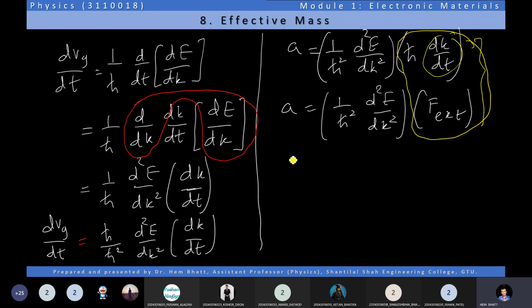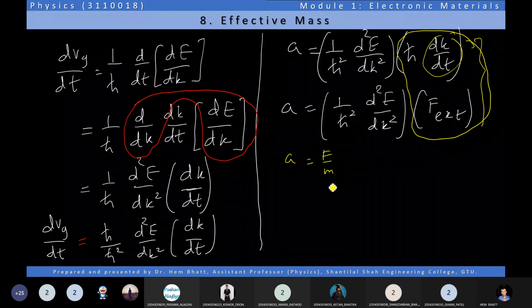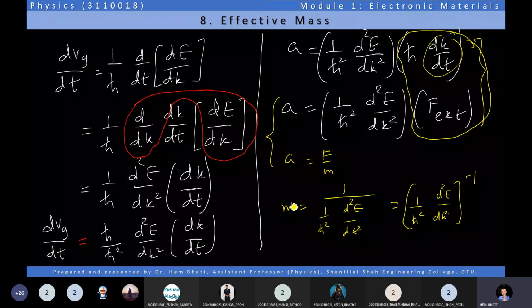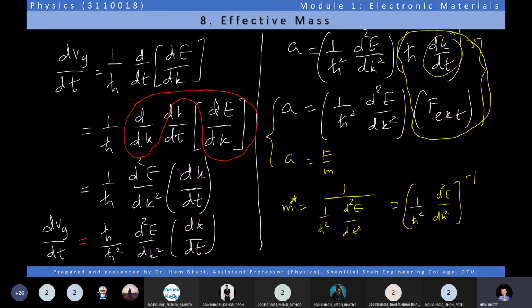So if I compare this equation with a is equal to F by m, you will realize that m is 1 upon 1 by h cut square d2E by dk square. This is the effective mass m star. So in case of electron, mass is not constant. Mass does depend on velocity. It depends on velocity of electron.